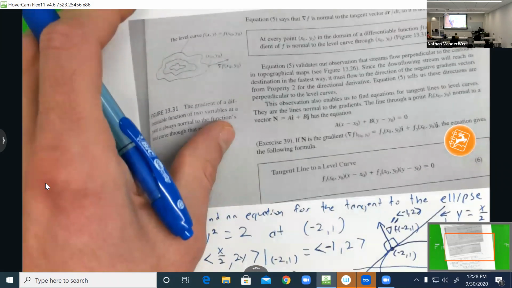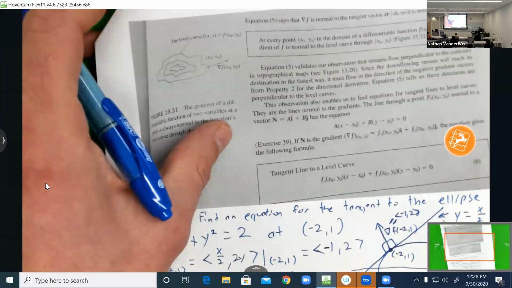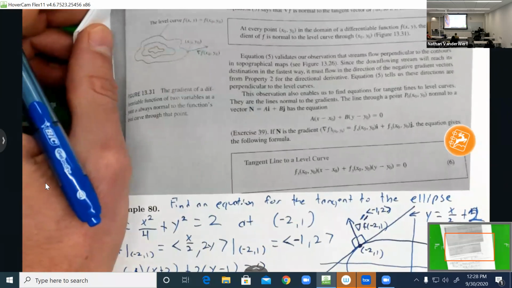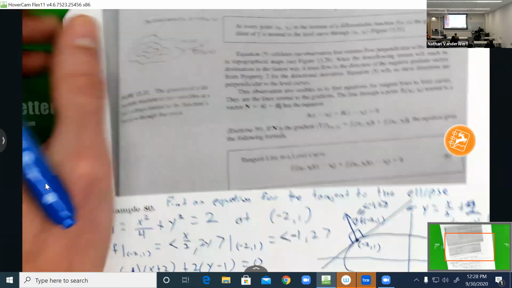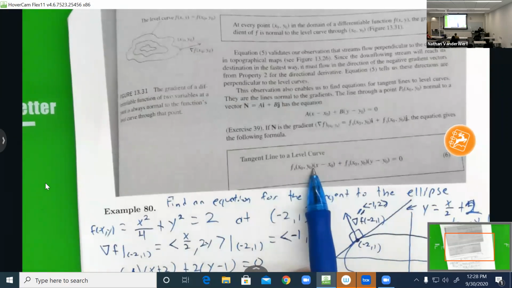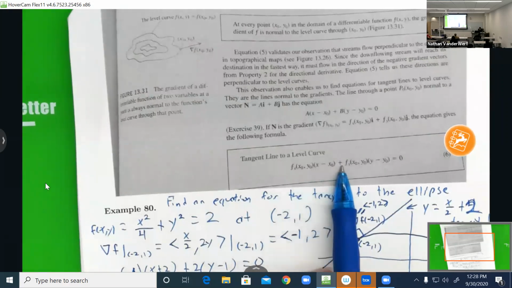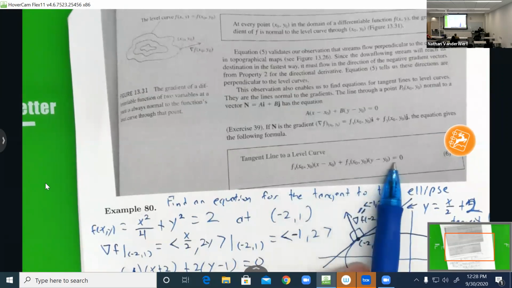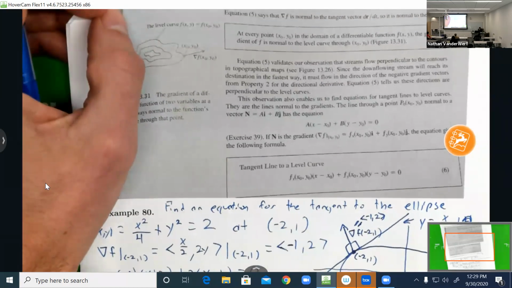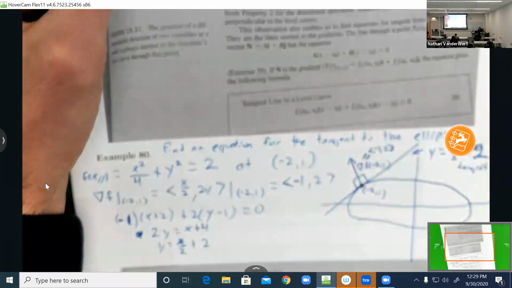So we have this pointing in this orthogonal direction to the tangent line there. And that also gives us a way to make the tangent line to a level curve, which is just going to be fx at x0, y0 times x minus x0 plus fy times y minus y0 equals 0. That will give us this tangent line. We did an example of that.